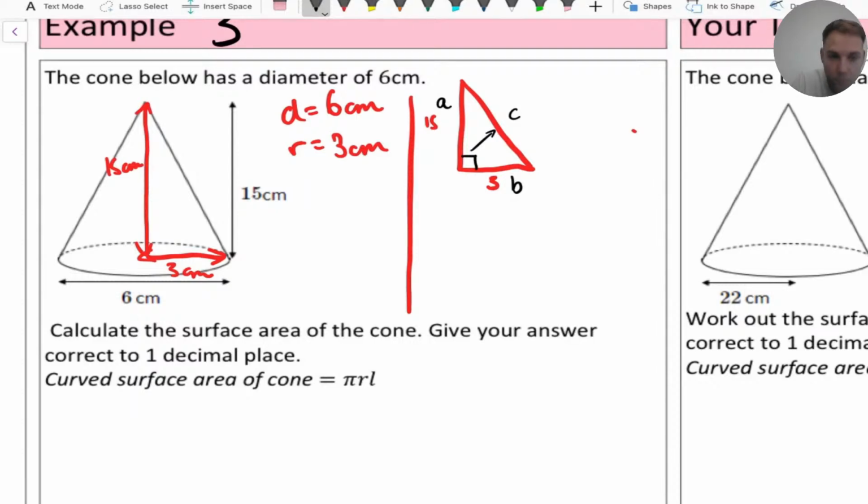So we then write down Pythagoras' theorem, which is a squared plus b squared is equal to c squared.